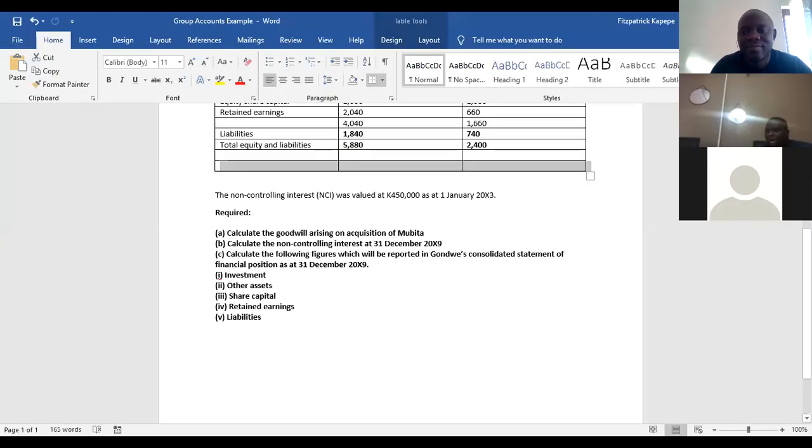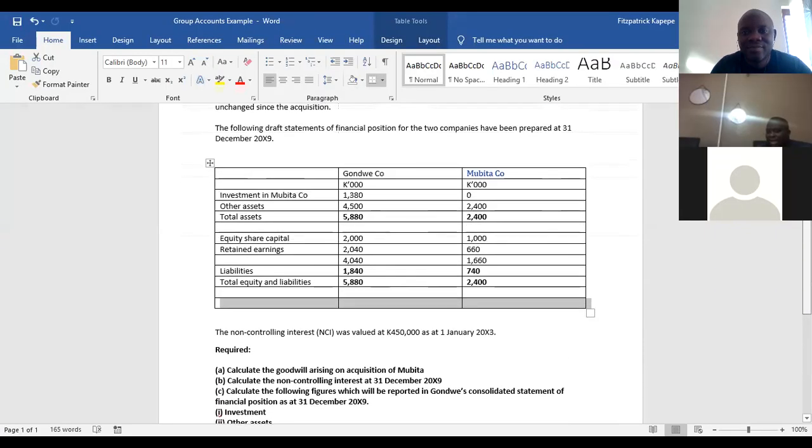How much is the investment at consolidation? Because we looked at what he acquired, the 75% of investment he acquired was 1380. Now we see the other controlling, non-controlling interest here. That's where we are stuck.